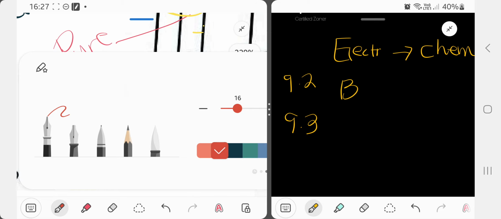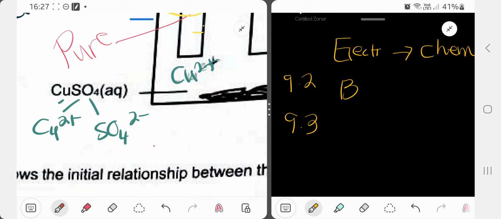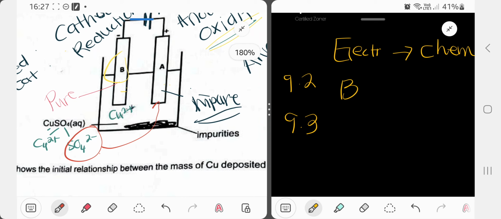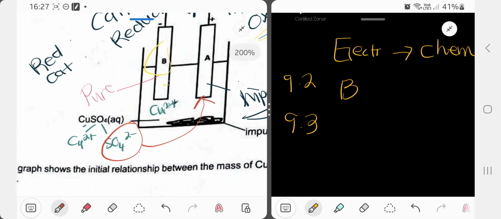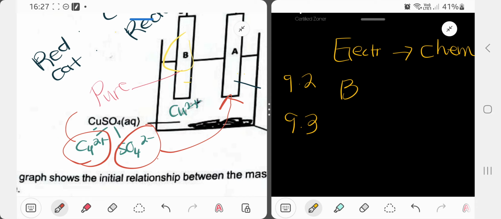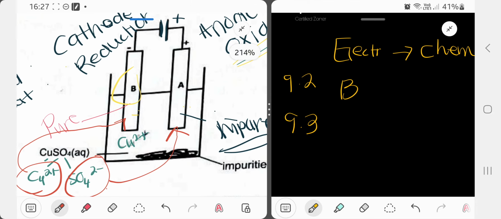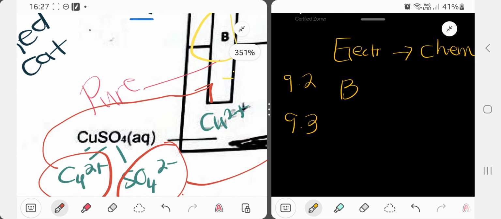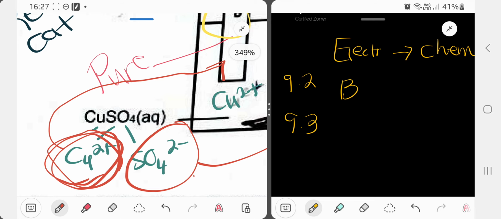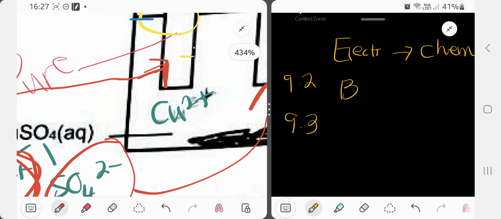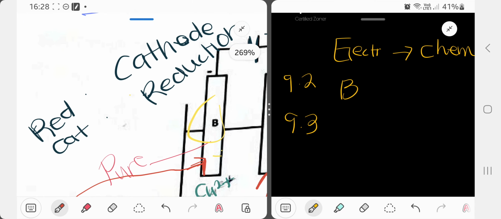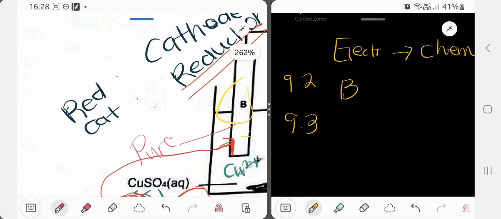Understanding that like charges repel and unlike charges attract, this negative ion will go toward the positive terminal, and this positive ion will go towards the negative terminal, the cathode. So if we talk about B, this copper will be found at B, and that calls for it to be reduced, because reduction happens at that electrode.